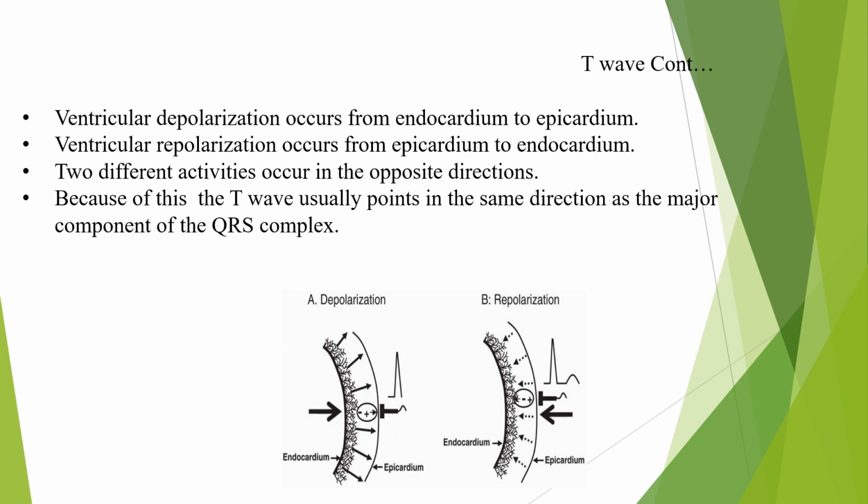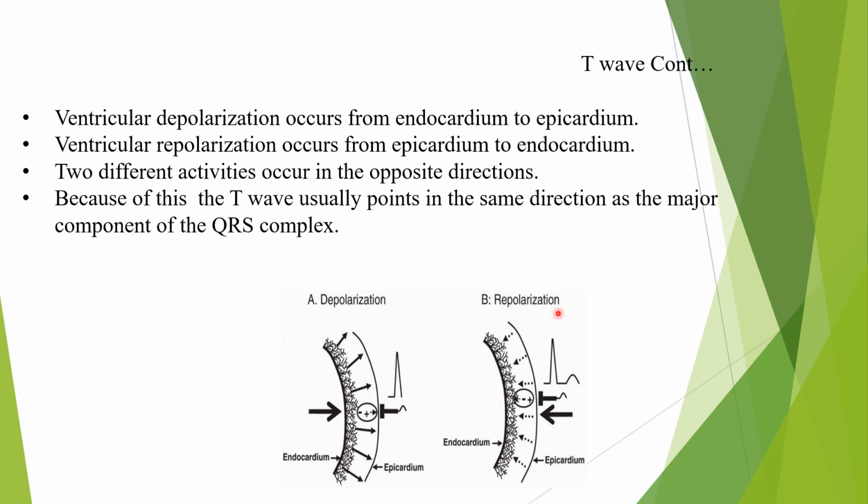Sometimes you might wonder why depolarization and repolarization waves are represented in the same direction. Do you all remember that the depolarization wave or positive wave travels towards the electrode? It records a positive wave.